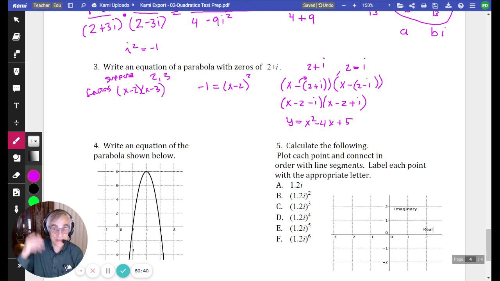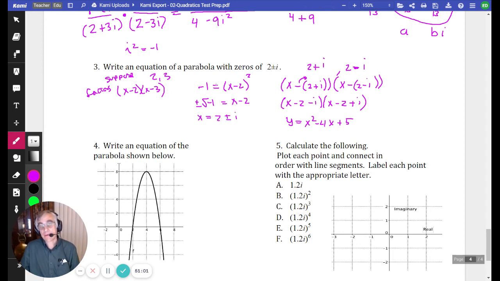So if you tried to solve that, you would end up with plus or minus square root of negative 1 equals x minus 2, or x equals 2 plus or minus i. So that would be something you could do to arrive at zeros of 2 plus or minus i.